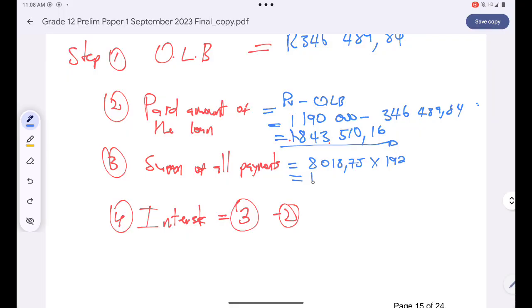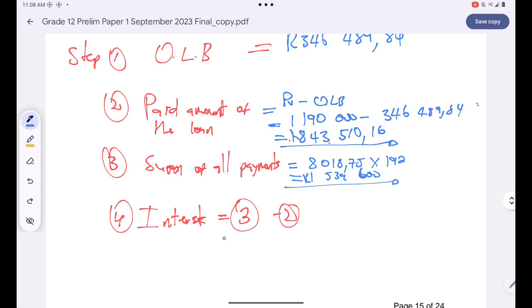So the answer over there is just 1,539,600 rands. So the total amount which was paid, guys, of the installments is just this amount over here.